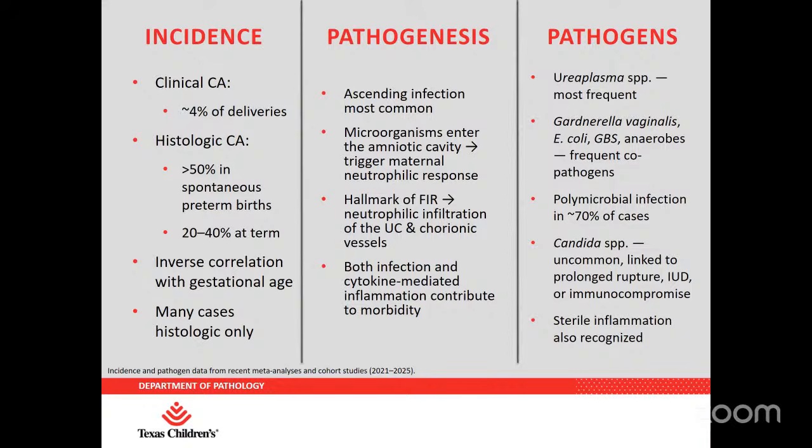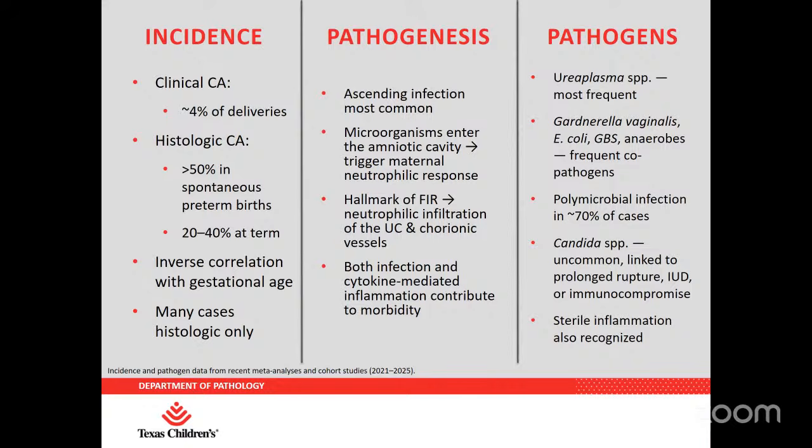Clinical and histologic chorioamnionitis represent overlapping but distinct entities. Clinical chorioamnionitis is generally identified based on elements such as maternal fever, uterine tenderness, and leukocytosis, whereas the histologic form is defined by neutrophilic infiltration in placental tissues identified microscopically.